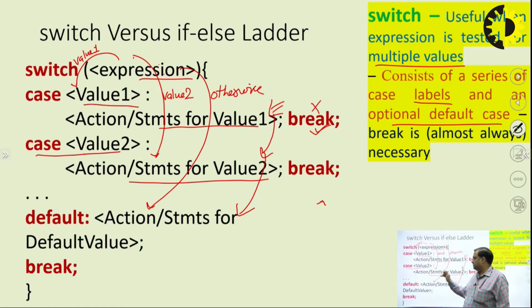I hope you understand the concept behind this case. Cases are only labels inside a list of statements, but these are not actually statements. So they will not perform anything except the selection point.